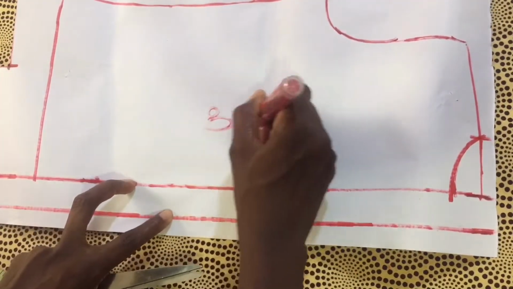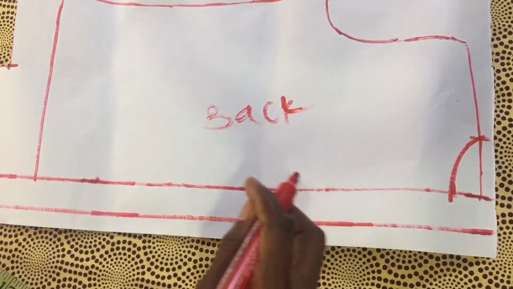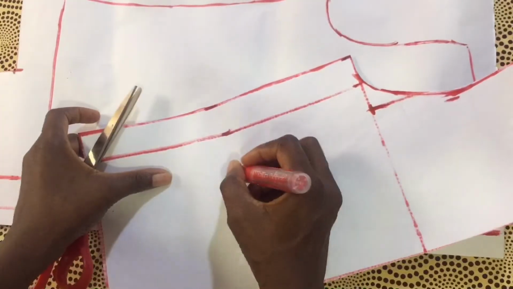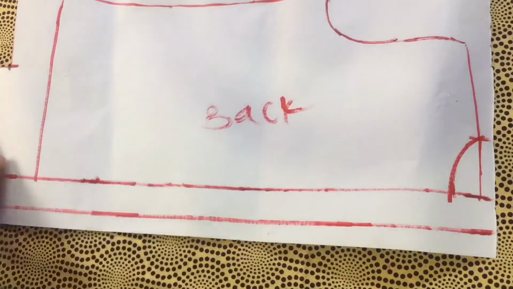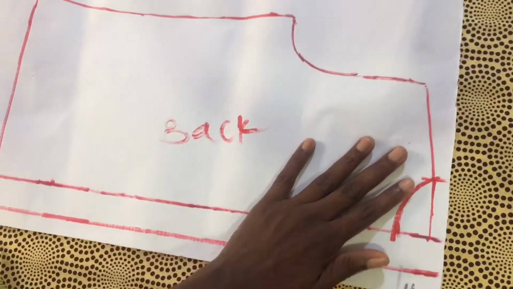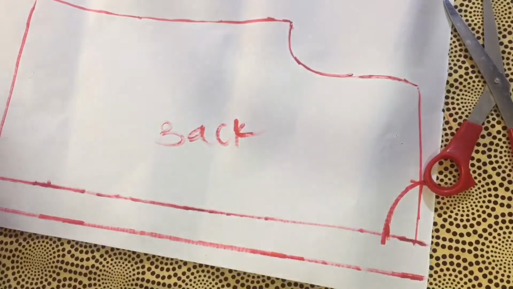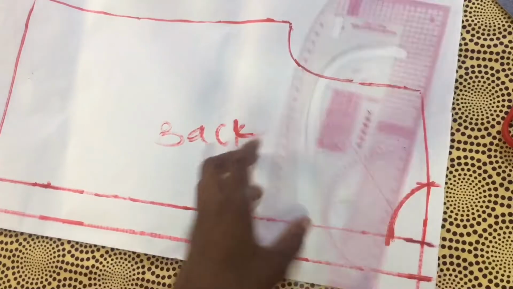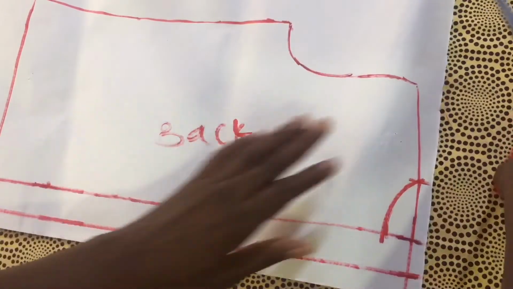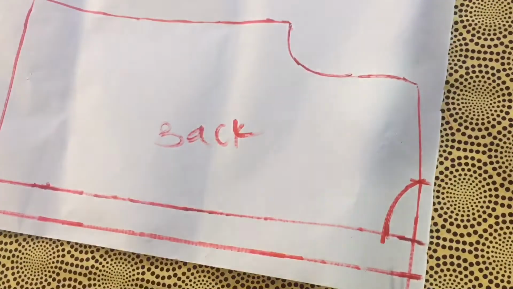So now we are ready to cut the back. Don't forget to label your patterns, front, back. So I'll cut it out now. Sorry, I need to connect these lines together so that it's not slanted.